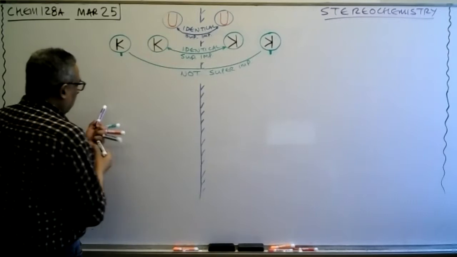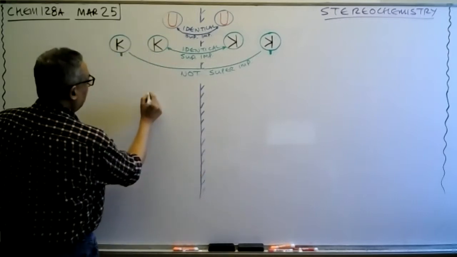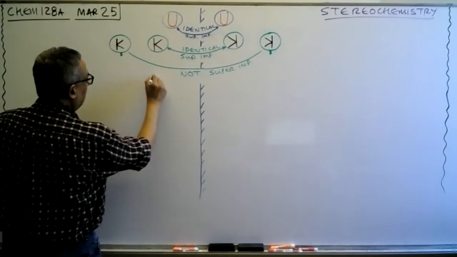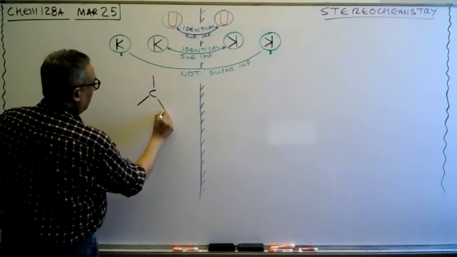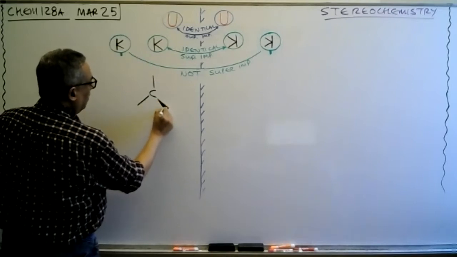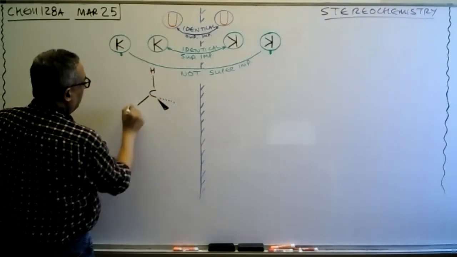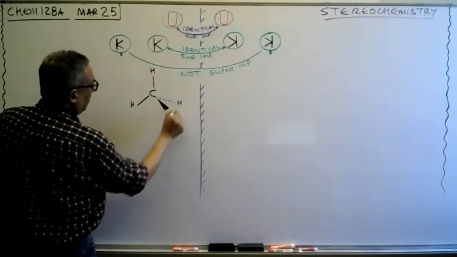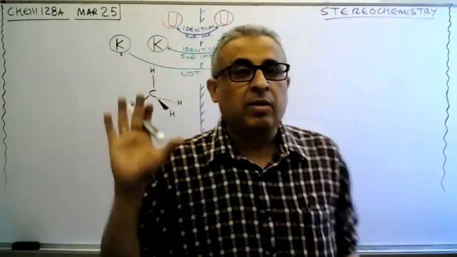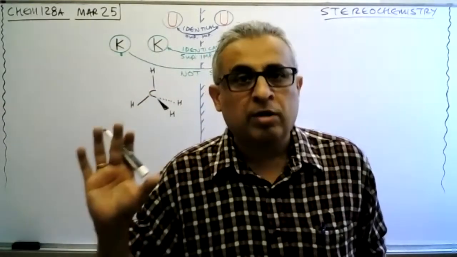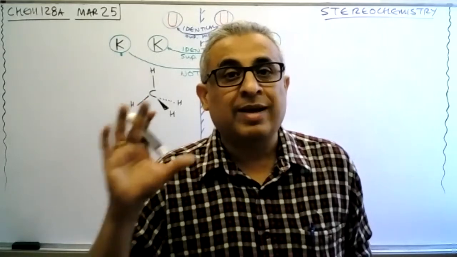Molecule number 1. We're going to start with methane. Methane, right? This property can only be acquired by a carbon or a molecule when there is an sp3 carbon.